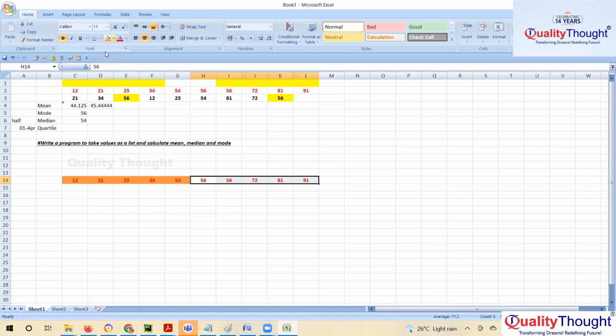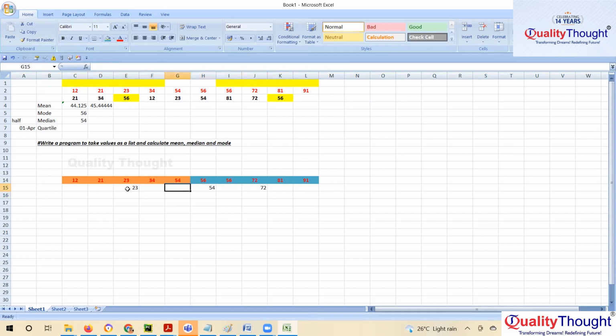Agreed, everyone? So what is the median of this? 23, 54, and here what is the median? 72. So these are your quartiles.